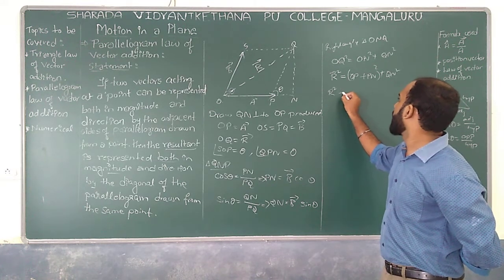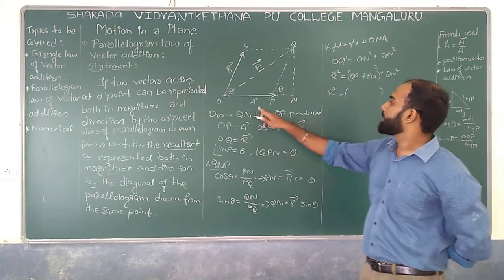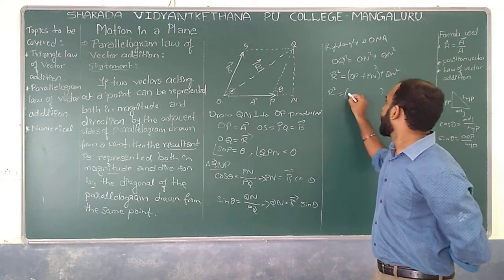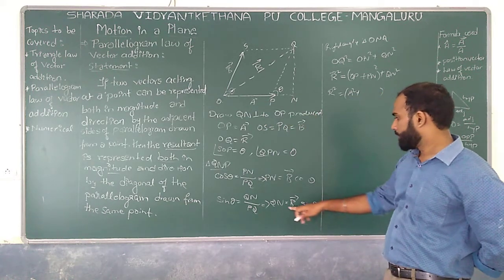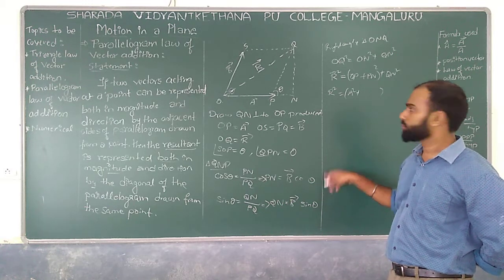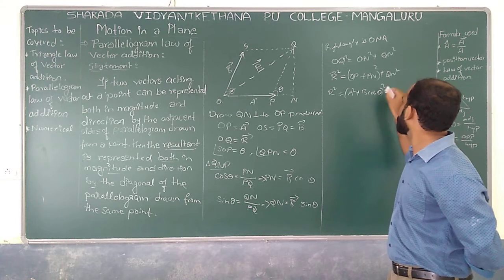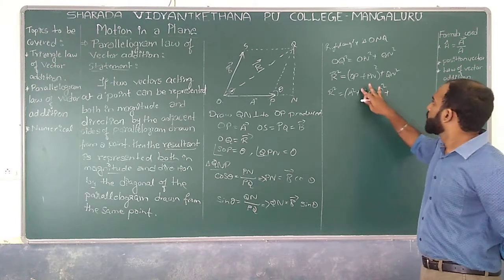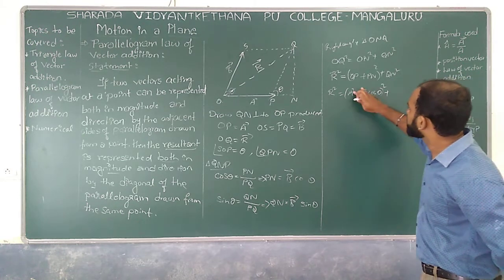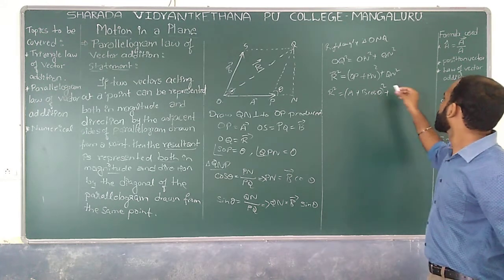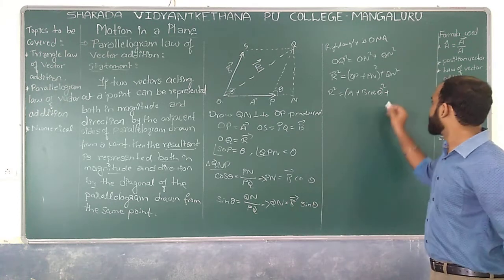R square is equal to, your OP can be replaced by A, and PN can be replaced by B cos theta, that is A plus B cos theta, the whole square. Now OP is A, that is A, the whole square. Then QN can be replaced by B sin theta, the whole square.